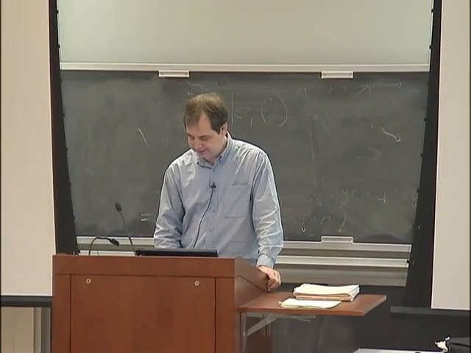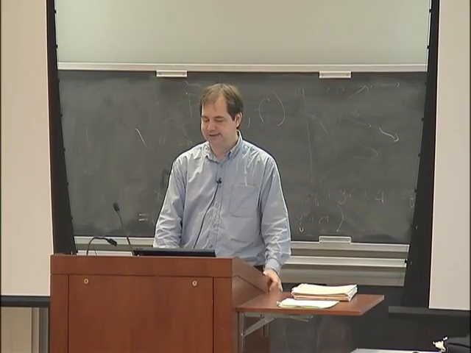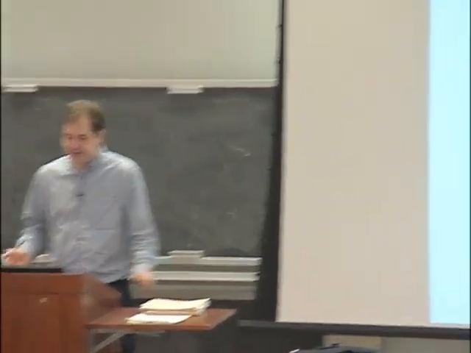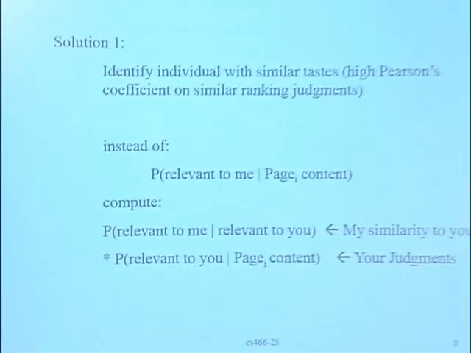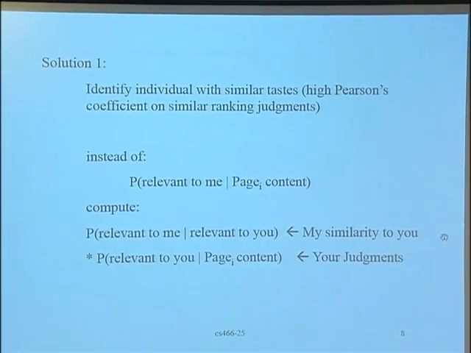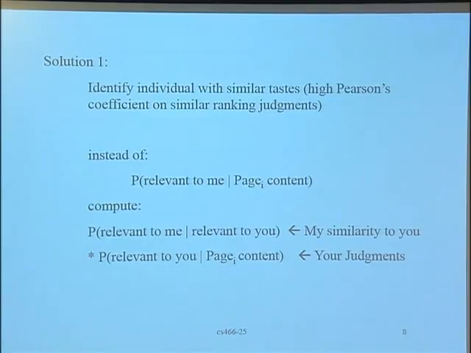We're left with this matrix, and we'd like to know how to weight these things. So one model is simply to weight these judgments based on the similarity between you and me. This can be either some sort of cosine similarity of the vectors, as we'll see in a second, or it could be a literal probability of relevance to me given the relevance to you. It doesn't really matter for this particular thing as long as it's somehow a weighted assessment of the fit between you and me.